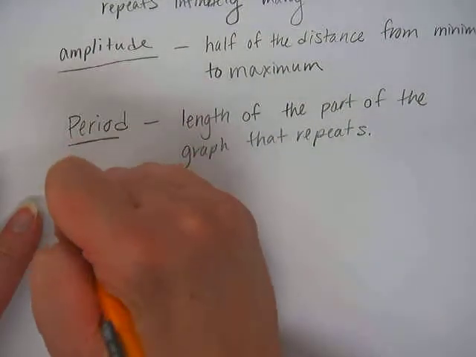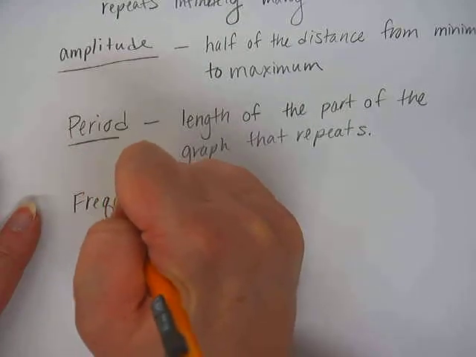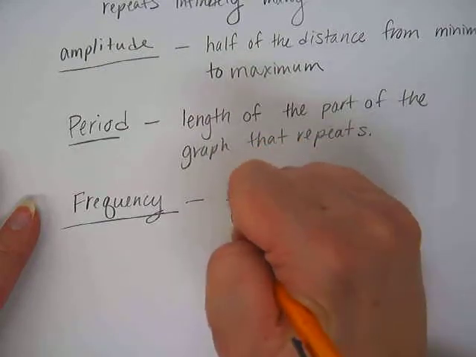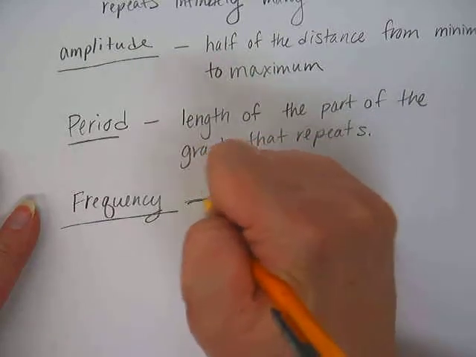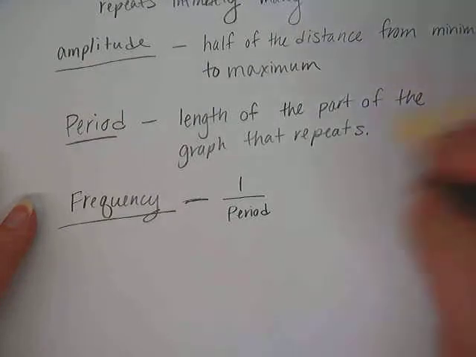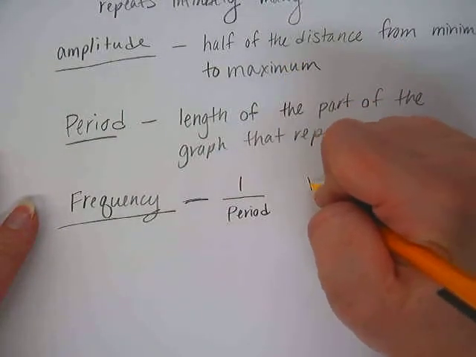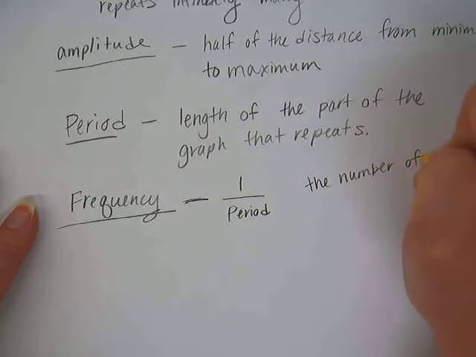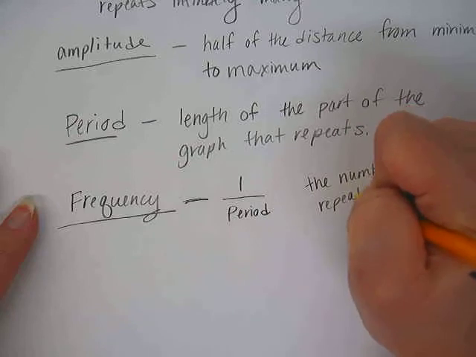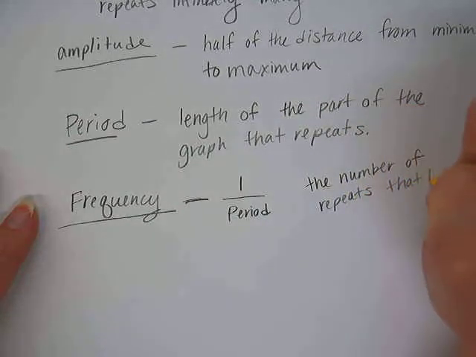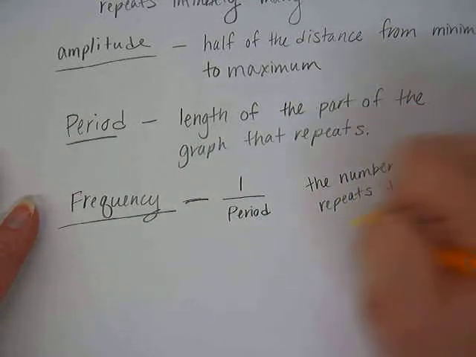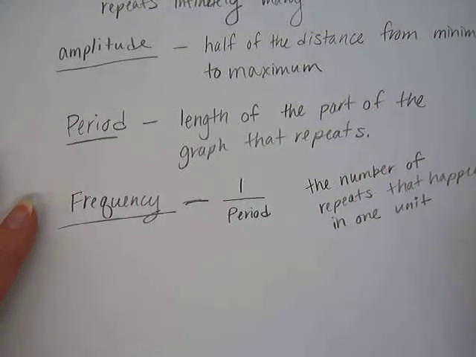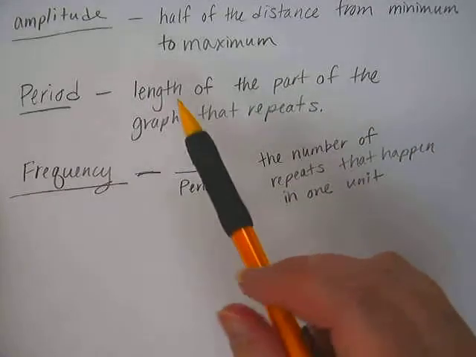Okay? Then we have what's called frequency. Let's go ahead and talk about frequency. Frequency is 1 divided by the period. It basically means the number of repeats that happen in 1 unit, which is often a unit of time.